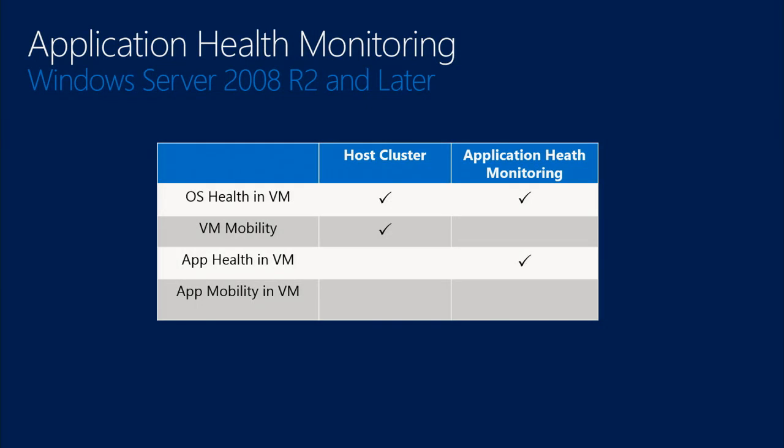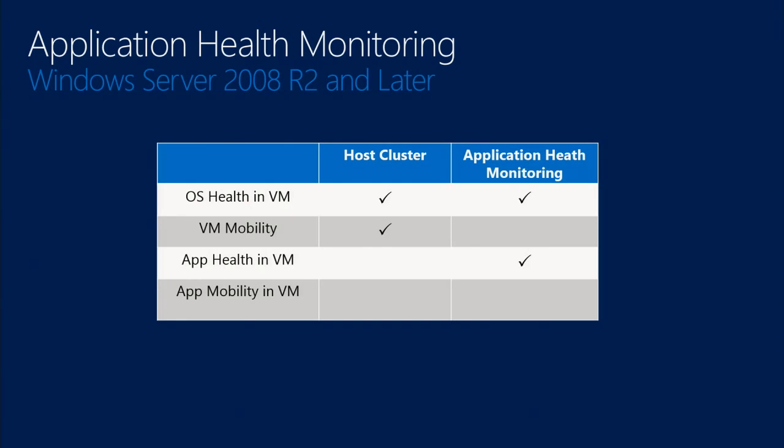So when you compare app health monitoring and just deploying virtual machines on your host cluster, what you're gaining is monitoring the VM. The host cluster provides you the VM mobility, and both of these features provide you some recovery from issues that cause the host OS or the OS inside the virtual machine to fail.